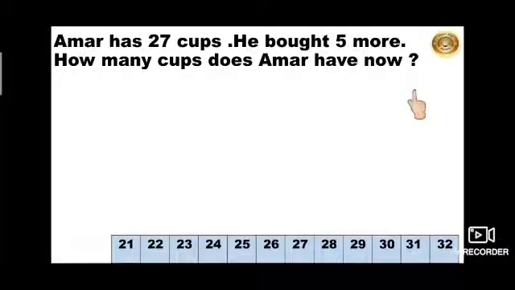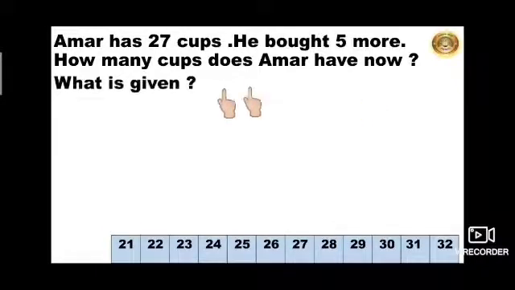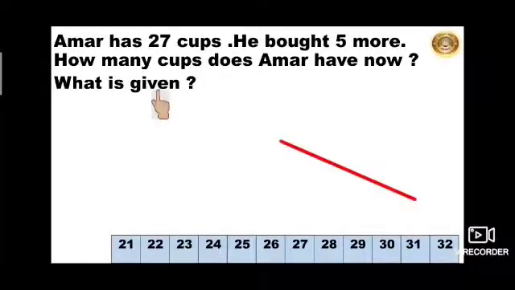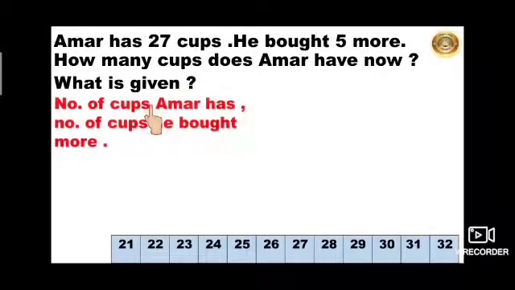To solve this, first we have to take out what is given in the question. So children, what is given here? Yes, Amar has 27 cups. The number of cups Amar has and how many cups he bought.